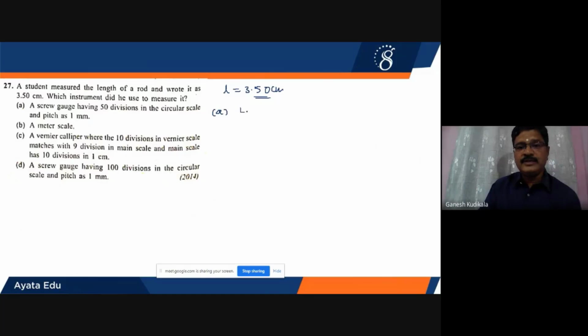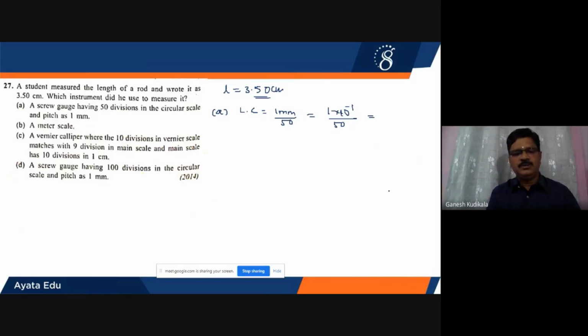Therefore, the screw gauge LC I can find out. LC will be equal to pitch by number of divisions. Pitch is 1 mm divided by 50. I can convert 1 mm into centimeters because I want to express in centimeters. So 1 into 10 power minus 1 divided by 50.